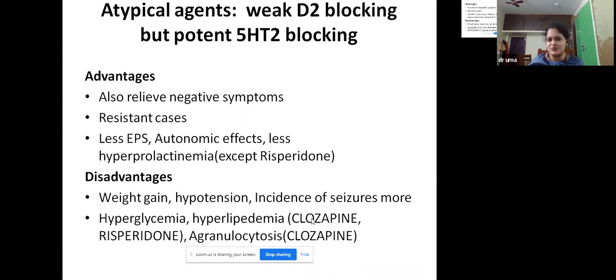But EPS is less with the atypicals, autonomic effect is less, and also less hyperprolactinemia. But risperidone is a drug which causes hyperprolactinemia. But the disadvantage with atypicals is they produce metabolic syndrome: weight gain, hyperglycemia, hyperlipidemia occur. They also produce agranulocytosis, and seizure incidence is more with these drugs. Hyperlipidemia is more in clozapine and olanzapine, and agranulocytosis mainly with clozapine.